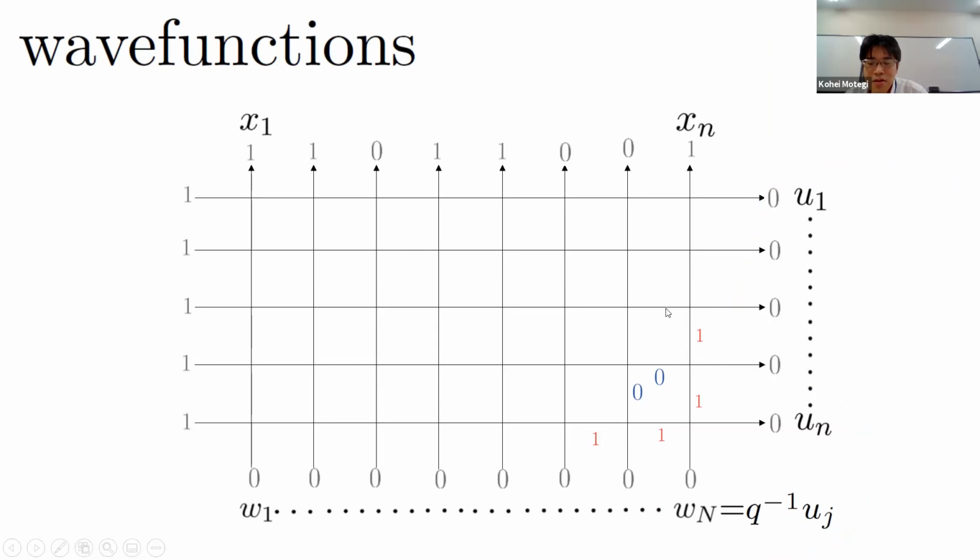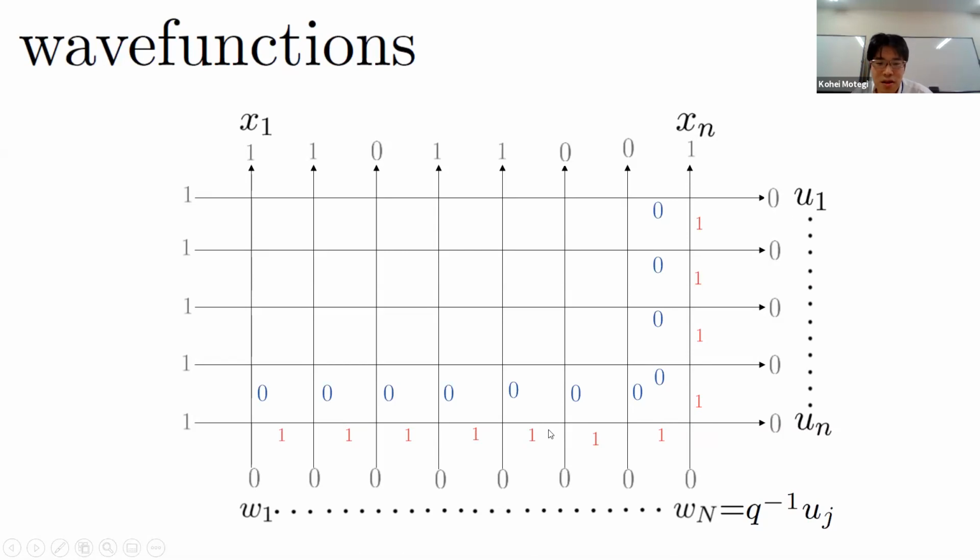And if you continue considering the ice rule, then you see that this rightmost column and this bottom row are frozen. Okay.